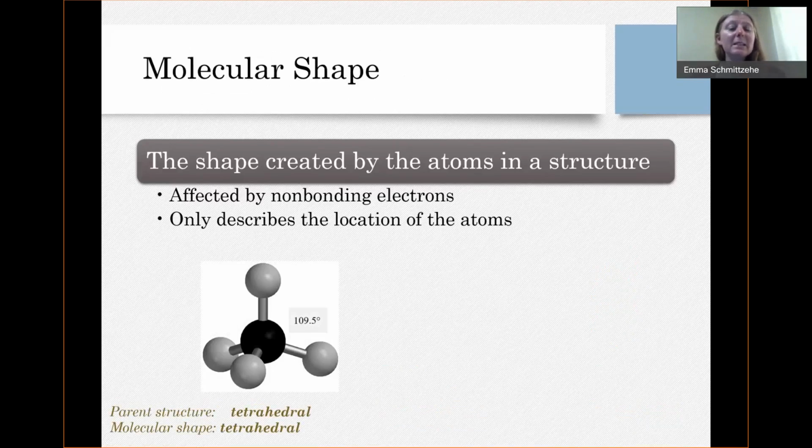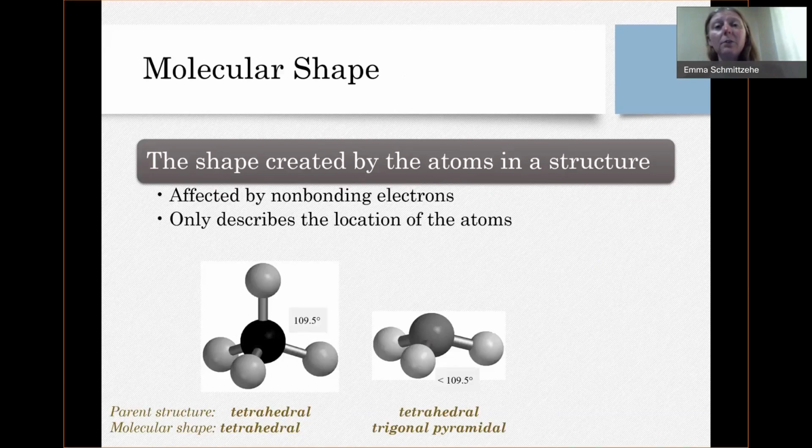And it still has bond angles of 109.5. That's your tetrahedral angle. And then if we were to take one of those atoms off and replace it with a lone pair, we'd still have 4 electron groups, so it would still be a parent structure of tetrahedral, but you would now have an arrangement of atoms that is trigonal pyramidal.